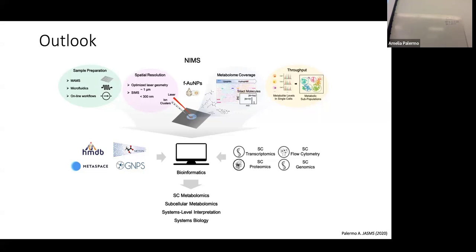So if your lab does not have this type of approach, because it is so specialized, and you really need it for your project, the best idea is trying to collaborate, right? Or see whether there is a possibility of having those measurements done, unless you want to focus for many years on developing a platform that is dedicated to single cell metabolomics.